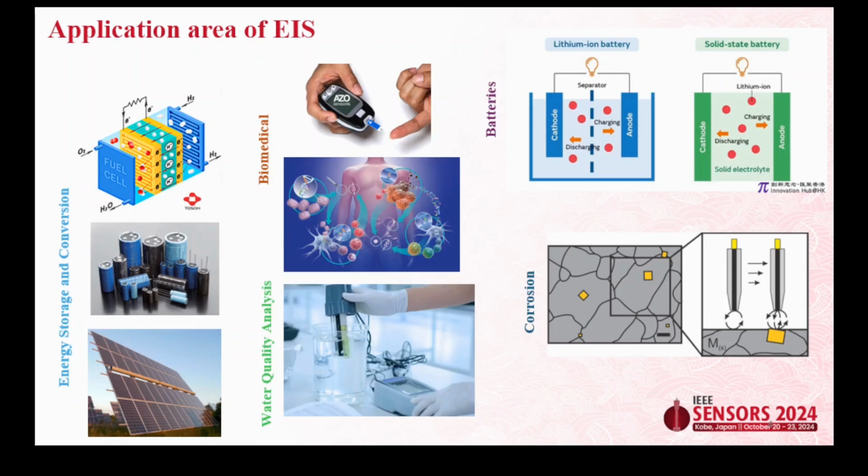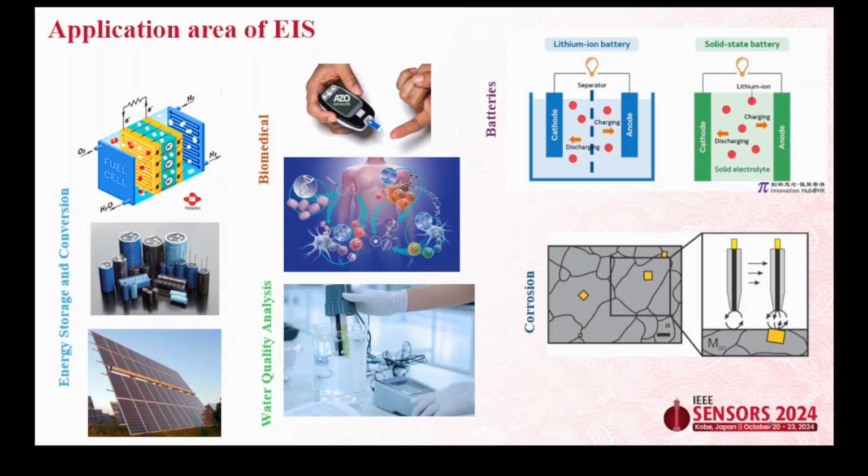Next are solar cells, and in biomedical applications, glucose sensing is the most important one we are using as of now, and it was one of the initial techniques to use EIS. Next is the drug delivery system. We also use EIS measurement for water quality analysis.